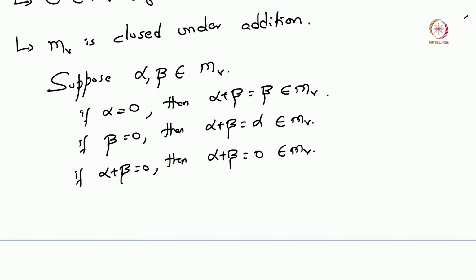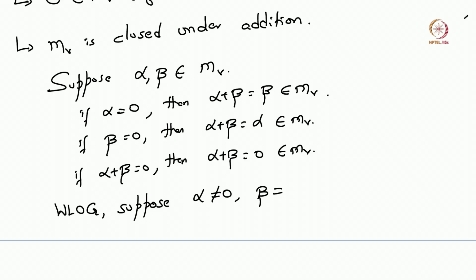So without loss of generality, suppose alpha is not 0, beta is not 0, and alpha plus beta is not 0.